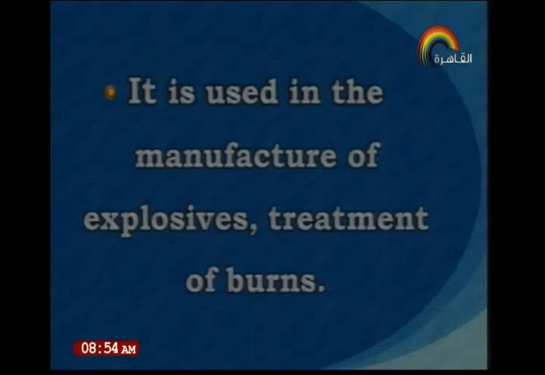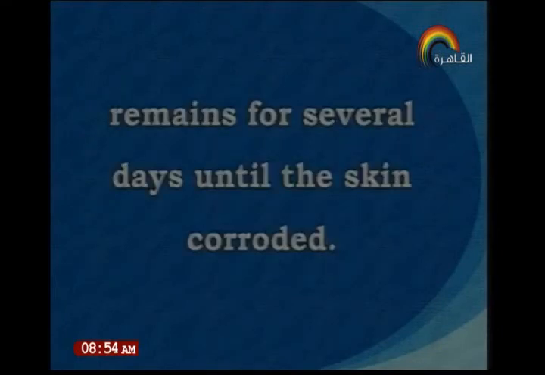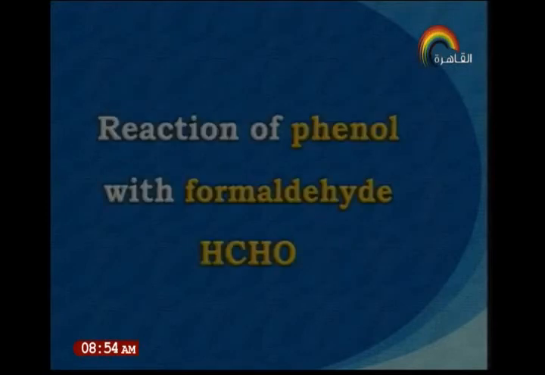Also, it is used in the manufacture of explosive materials and the treatment of burns. What is the importance of picric acid? Now, it gives the skin a yellow color which is difficult to remove, and it remains for several days until the skin is colored. So it's back to what we know, picric acid.